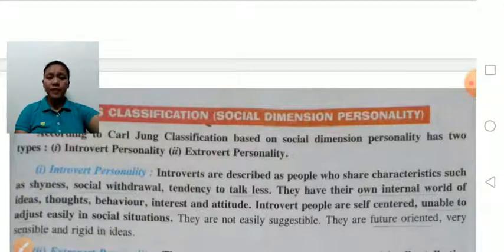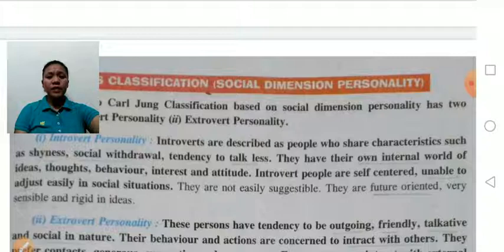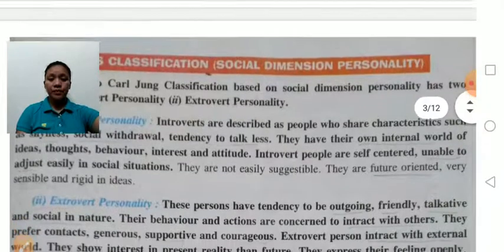They are less friendly and live in their own world, and they are unable to adjust in society. So they are not easily suggestible. They are future oriented. They only think about the future, and they are very sensible and rigid in their ideas.